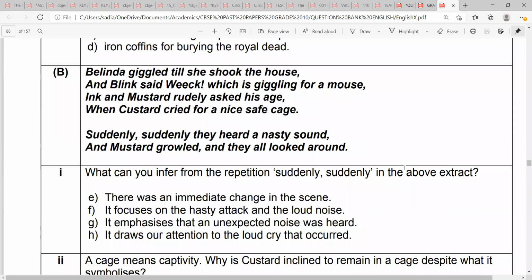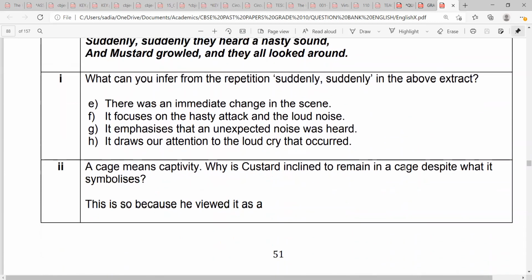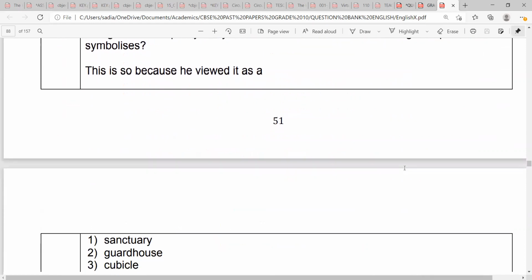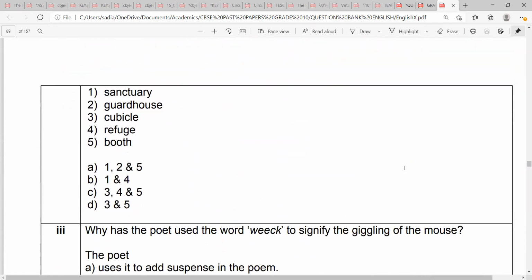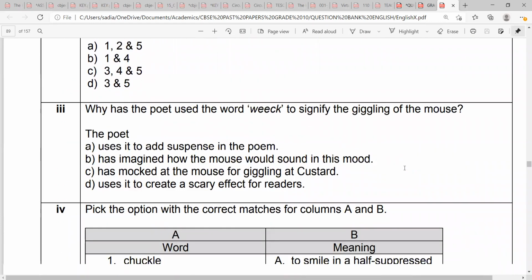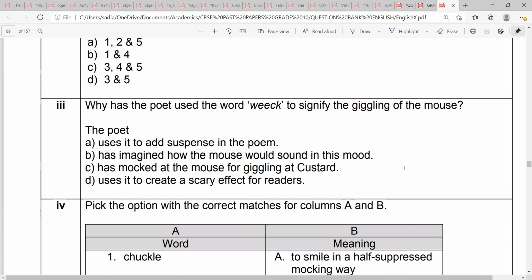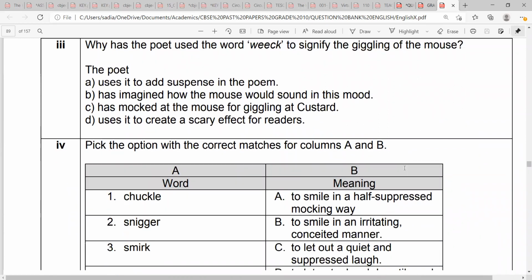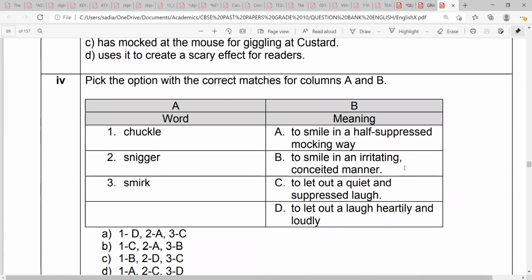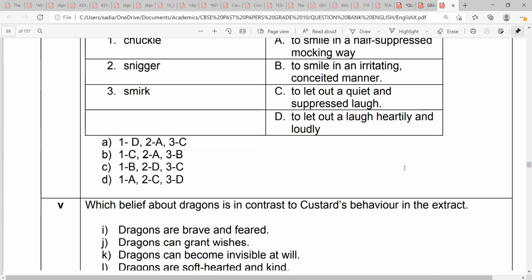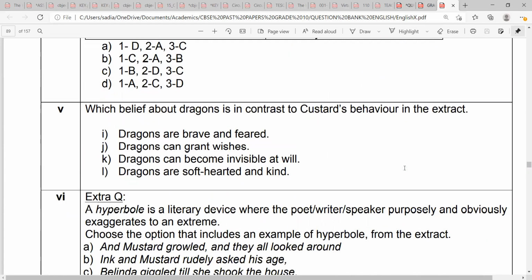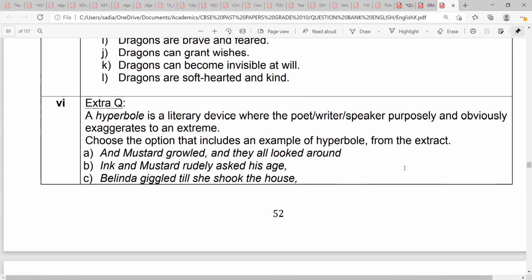Read the stanza. Extra questions. Hyperbole.